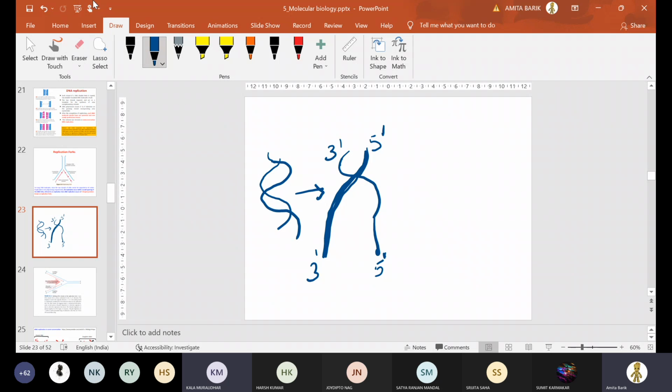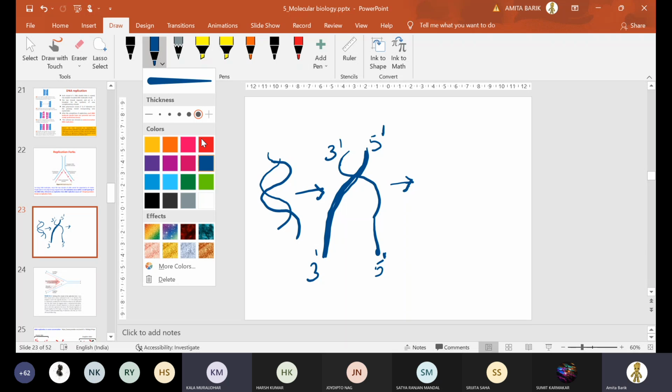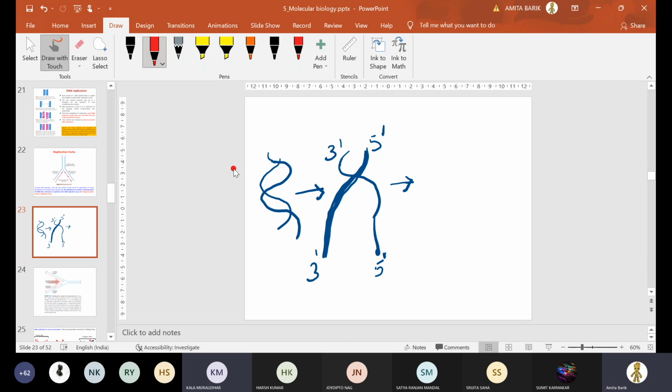What is happening here? The newly formed DNA strands are made based on the template strands that we discussed.